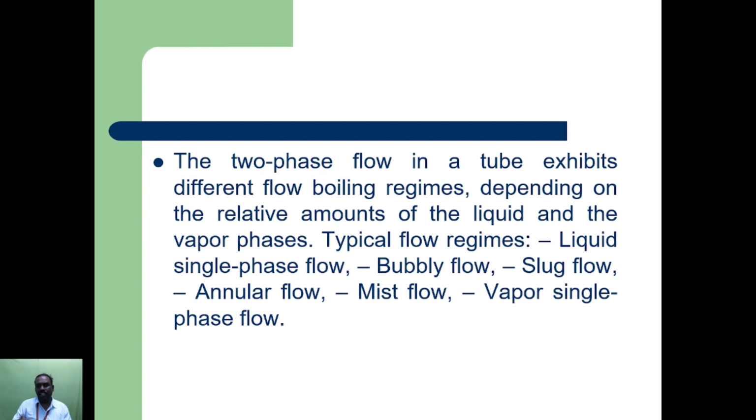These are the regimes of flow in flow boiling. When heat energy is absorbed by the water flowing through the channel, the energy transfer takes place in the boiling mode, in the two-phase flow boiling sections.